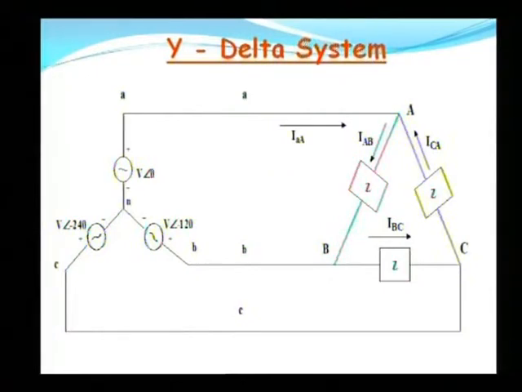Like R is the origin phase, so its phase vector is denoted as 0 degrees. If Y is the second phase, it lags the R phase by 120 degrees. All three phases are separated by 120 degrees, and it can be seen here in the transmitter section that between A and neutral, the angle is 0 degrees.